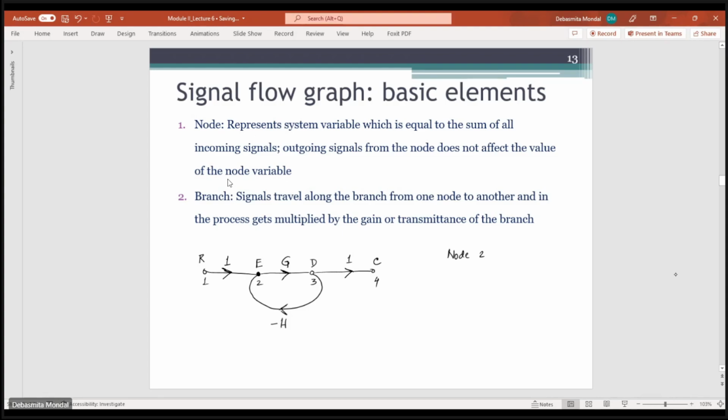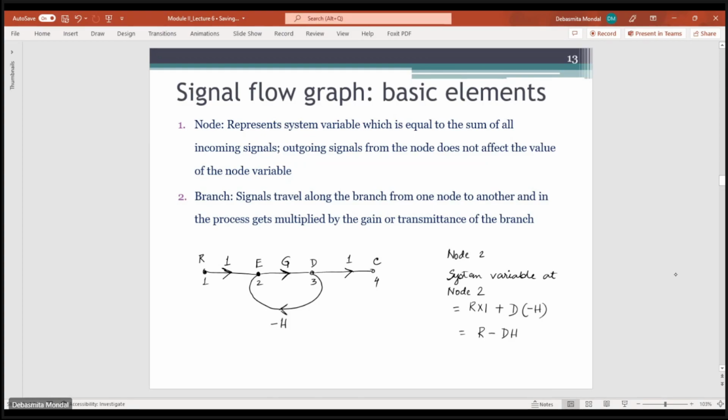So the system variable at node 2 will be given by the signal coming in, which is R multiplied by the gain 1, plus the signal coming from D multiplied by the gain minus H. So you will have R minus D into H. Here we are not considering the outgoing signal.